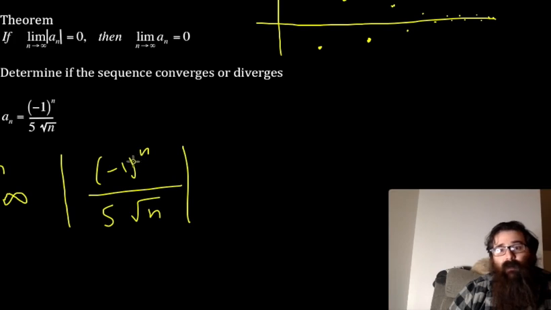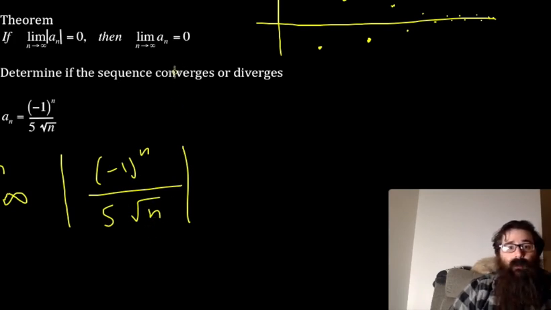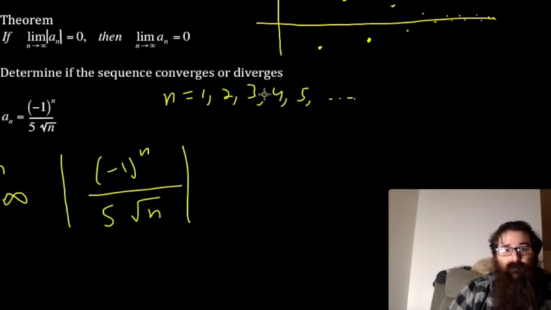If it's a positive 1, I can just get rid of the absolute value symbol. I really wouldn't start it at 0 since this would be undefined, so we start at n equals 1. n takes on these values, but nothing in between, just these integers. It's either a positive 1, and I don't need the absolute value symbol, or it's a -1, which in the absolute value becomes a positive 1.